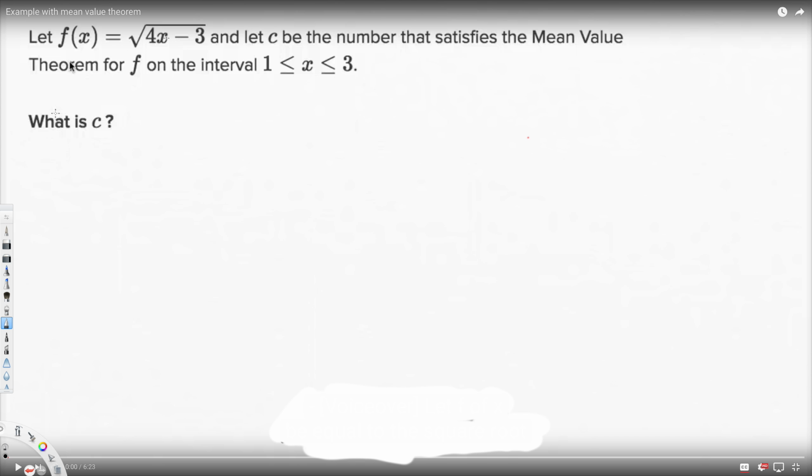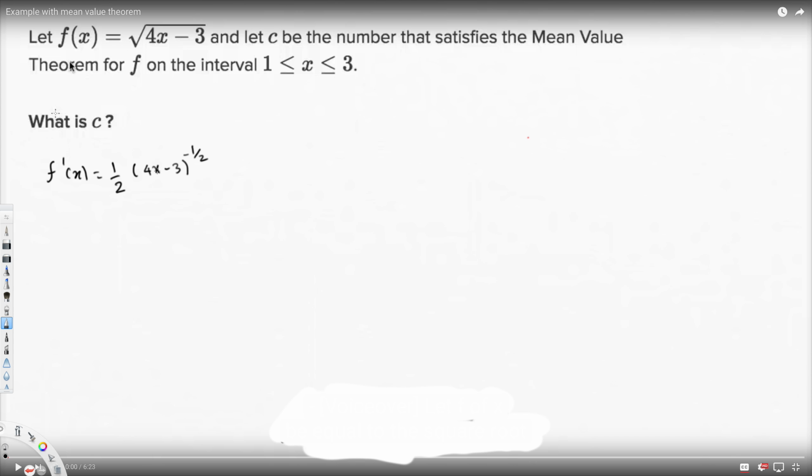Let me do this step by step, since we need the first derivative anyway. The square root means power 1 over 2, so the derivative is going to become one half times 4x minus 3 to the power of minus one half.